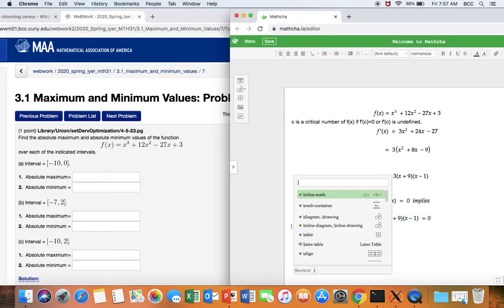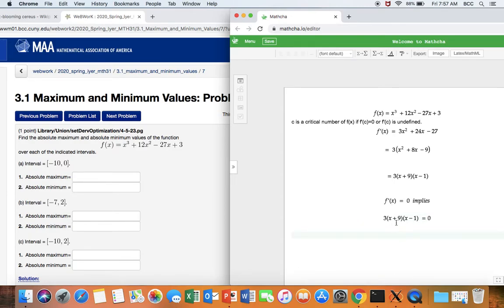Okay, so solving for x, from the first factor we get x equals negative 9, and solving from the second factor you get x equals positive 1. So these are the critical numbers.